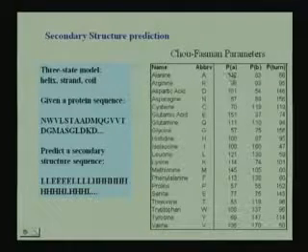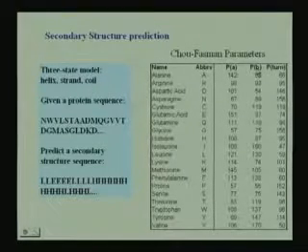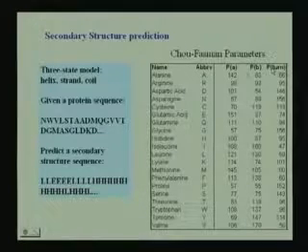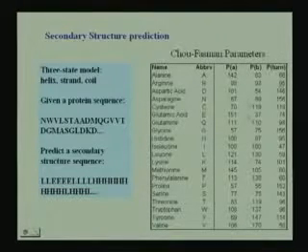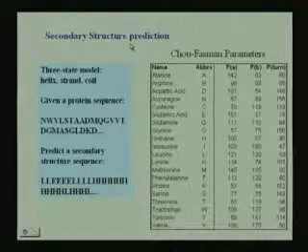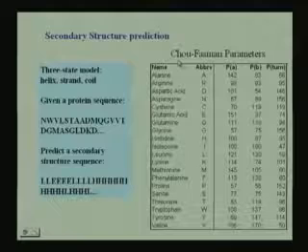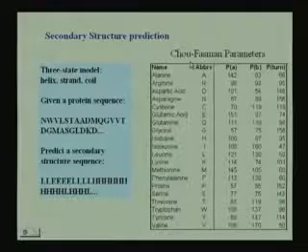So we have basically an alpha, a beta and a turn. So we need another table if we want to go for secondary structure prediction. This was done, I think, in 1977. It's a very famous, or rather very easy, way to predict whether you have a helix or not.